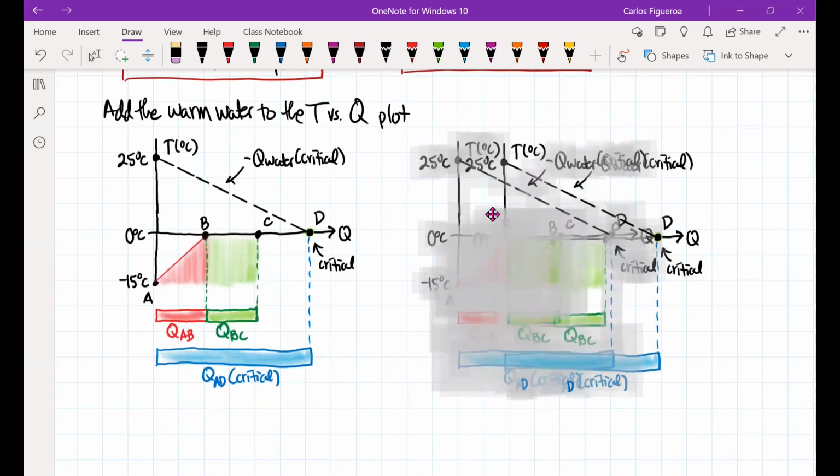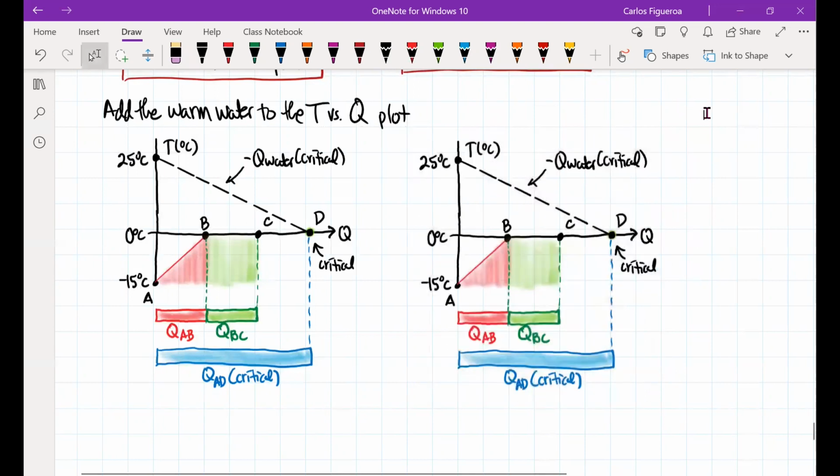So here we go. Now let's look at what happens if I have partial melting. If I have partial melting, then that means that the water doesn't reach the critical point. It goes from here to there. So this guy is minus Q of the water.